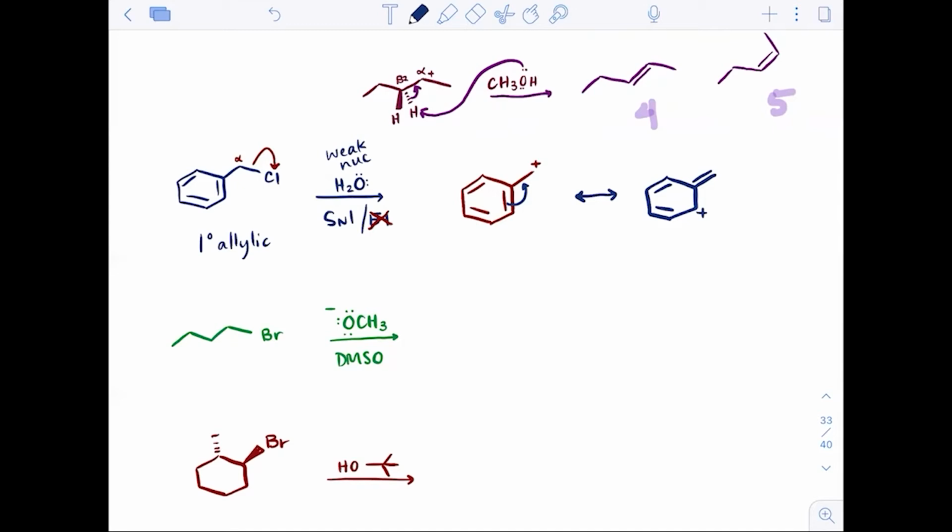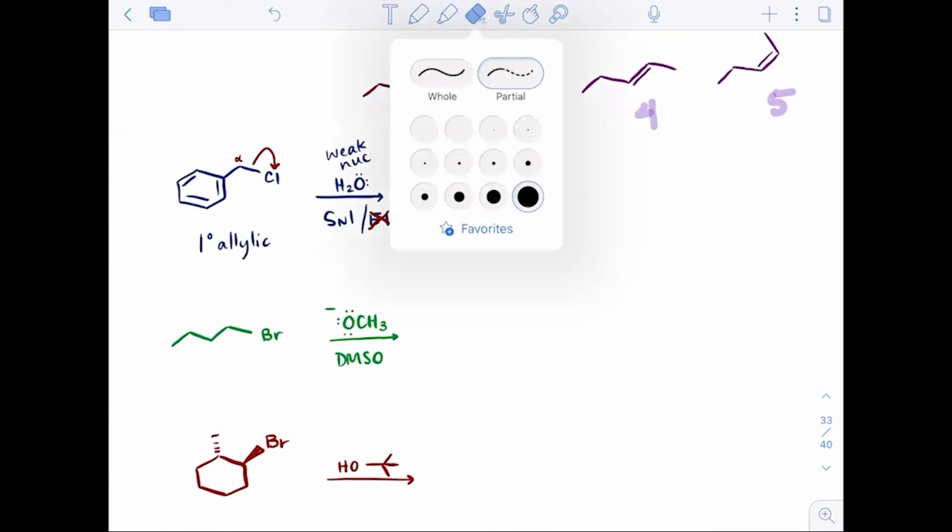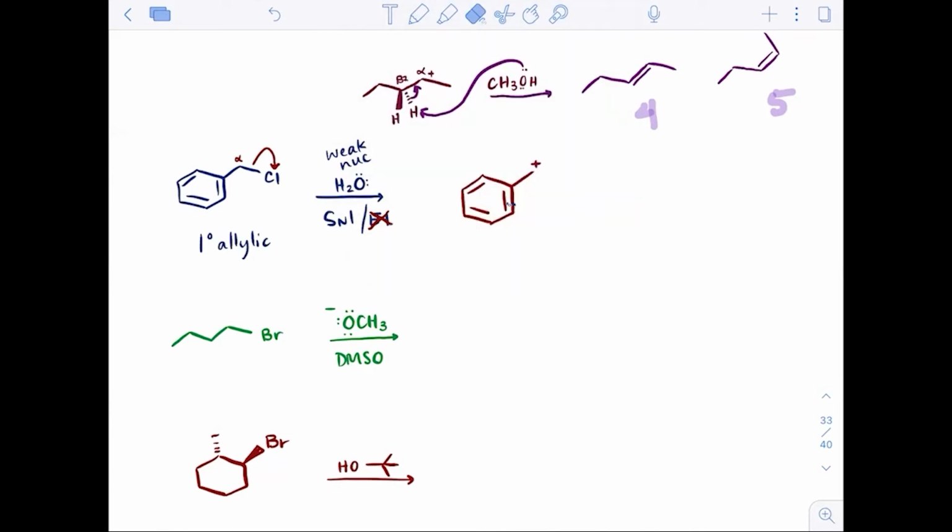Just as a general rule of thumb, we would never take this to go make a product. H2O is not going to do a nucleophilic attack here. That doesn't happen. And the reason why is because there's something very stable with the 6-membered ring and all of those alternating pi bonds. Yes, it provides stability, but it will never provide a product.